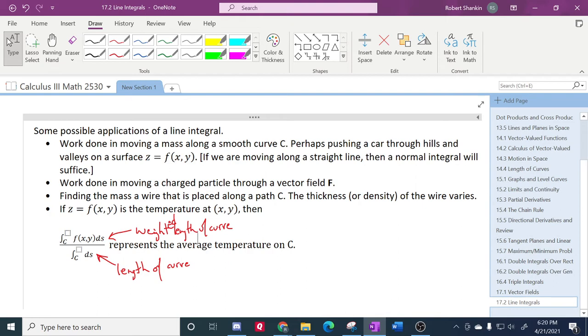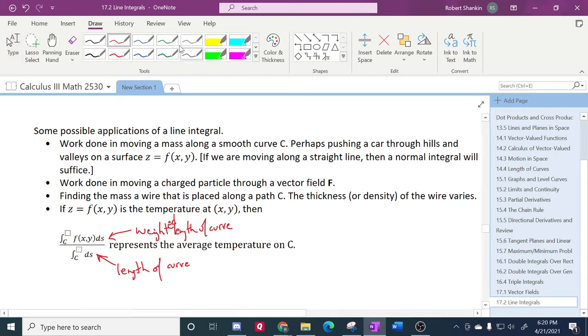What was our arc length formula before? The magnitude of the derivative of r, on the interval, integral a to b, magnitude of the derivative of r function, et, was it?